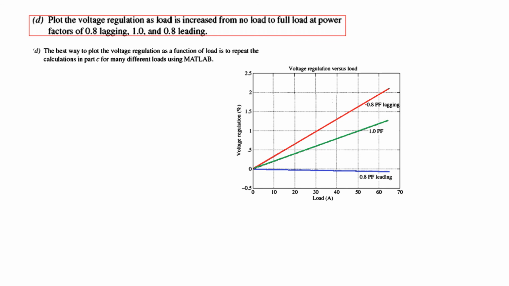But the only thing you can see from here is the 3 performance characteristics. They are almost linear. For power factor lagging, the voltage regulation is higher. For power factor 1, it is just a constant slope, and for power factor leading, it is going towards the negative side.